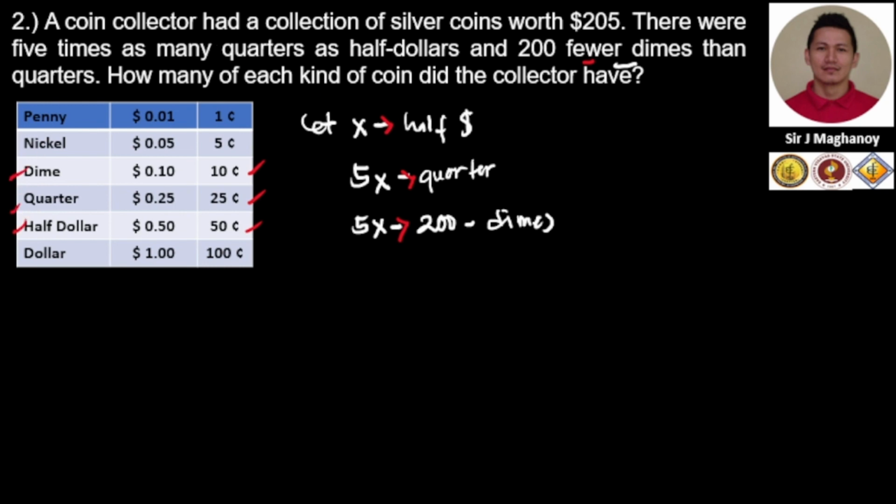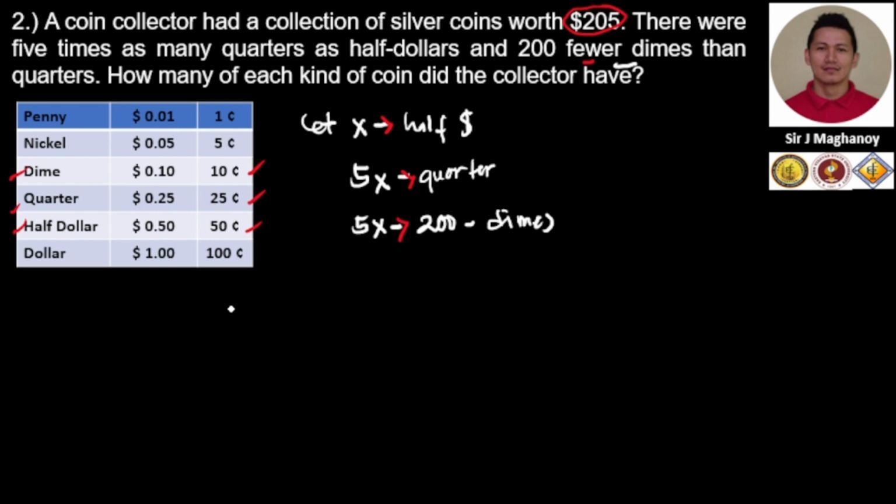Now we can formulate our equation because the coin collector had silver coins worth $205, so this is our total. But first we need to balance the equation and insert the multiplier: 10 cents, 25 cents, and 50 cents.